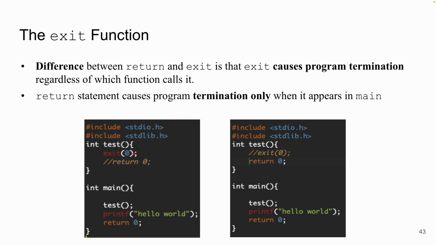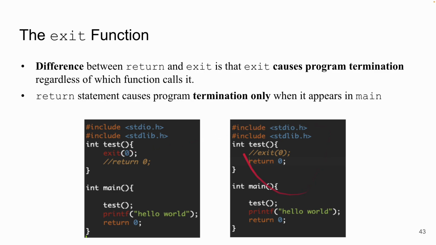In this example, I put exit here, and in this other example, I just put return here. If you run this example on your computer, you will see that when we call the test function, and the exit function is evaluated inside the test function, although it is inside the test function, your entire program will be terminated.